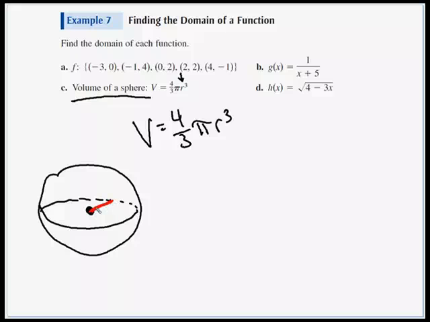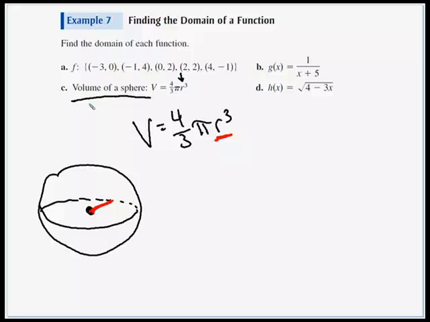So let's think about a radius. A radius is a length. When we measure something, can we ever have negative length? Can you pick up a ruler and measure a piece of notebook paper and say the side of that notebook paper is negative whatever? No, length is always positive.